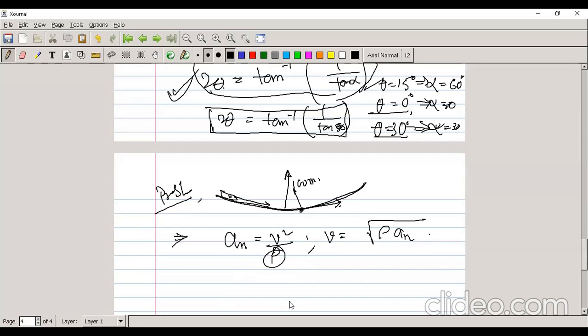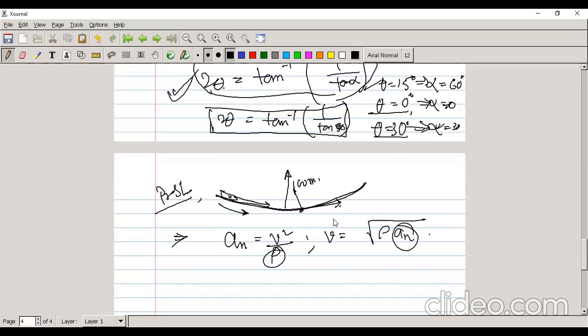And if sometimes the acceleration magnitude is not given, try to understand the basic concept: when the car moves in the downward direction, the gravitational acceleration acts on that particle.